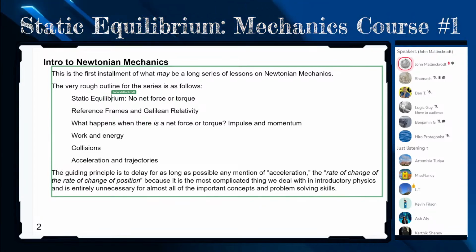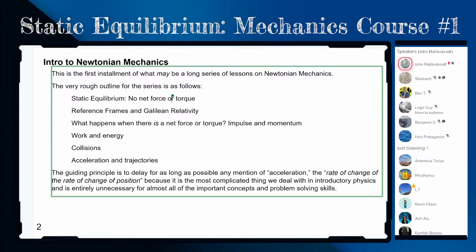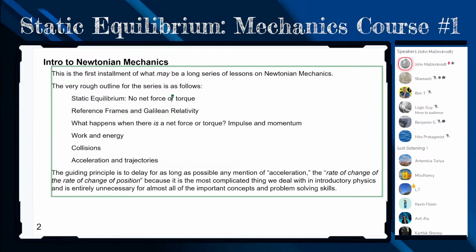What we're going to do is talk today about static equilibrium. We'll probably talk about that for another time or two. What happens when a system has no net force or torque on it? That's not to say no force or torque, but that the net result of the forces or torques on a system is zero.